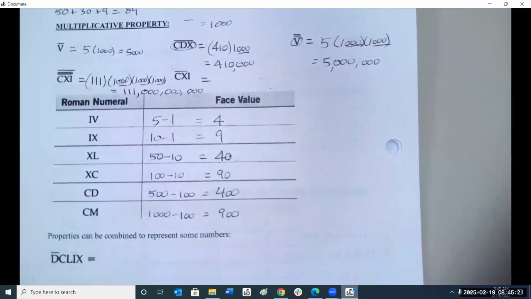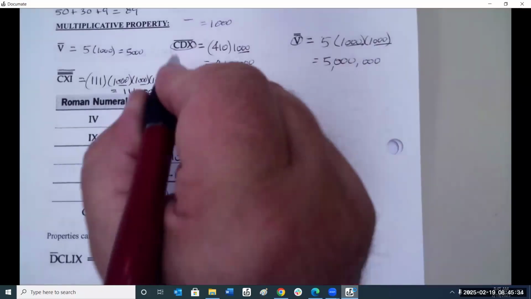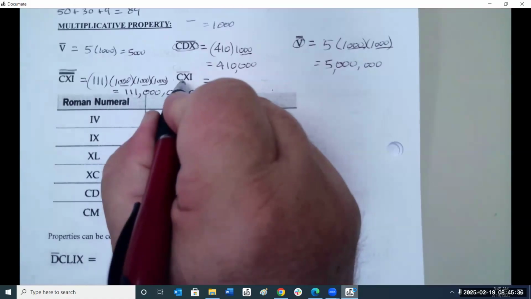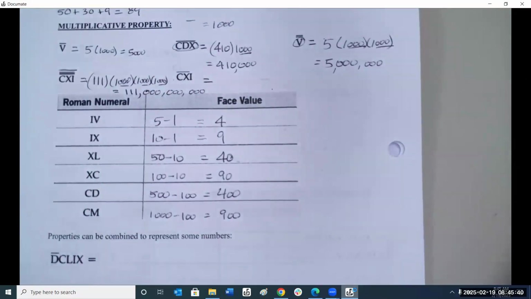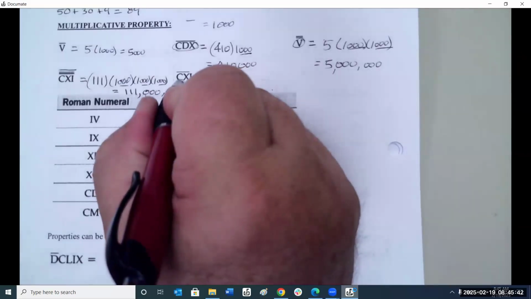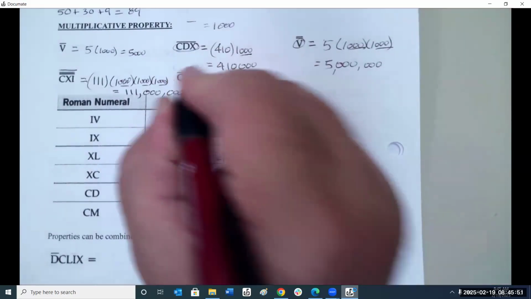And the last one. So notice in this one, the bar isn't all over all of them. It's only over the C and the X. So what is C and X?